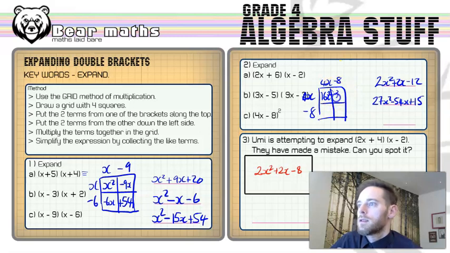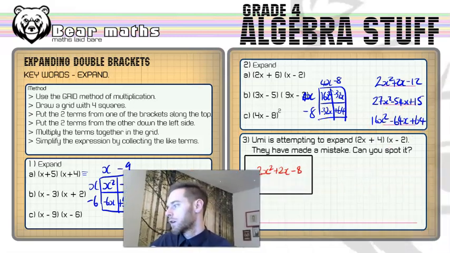Then minus 32x, then minus 32x, and then a plus 64, because 2 negatives make a plus. So we've got our 16x squared, minus 32, take away another 32, is minus 64x, and then that plus 64 goes on the end.